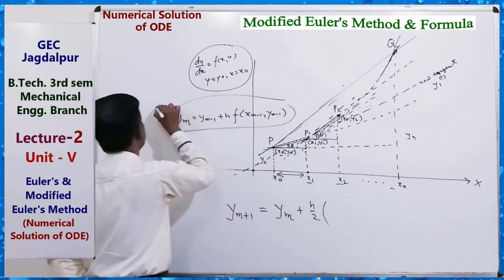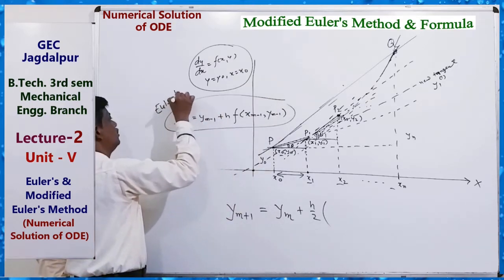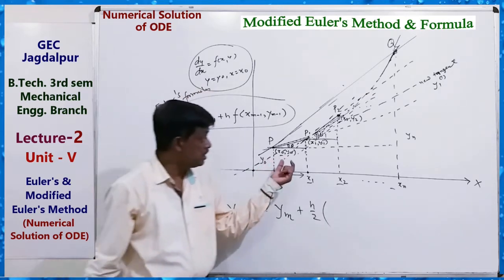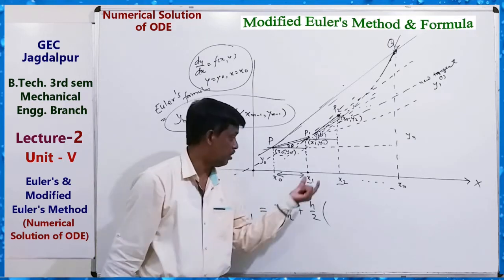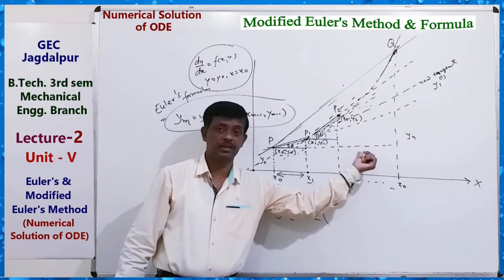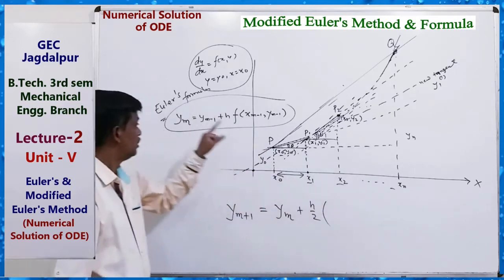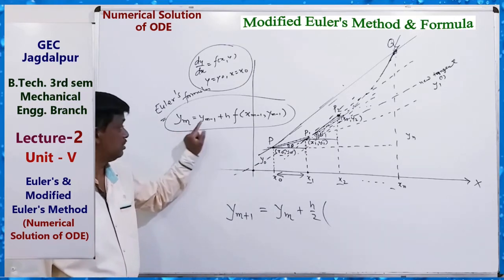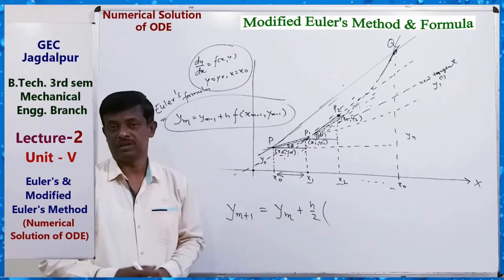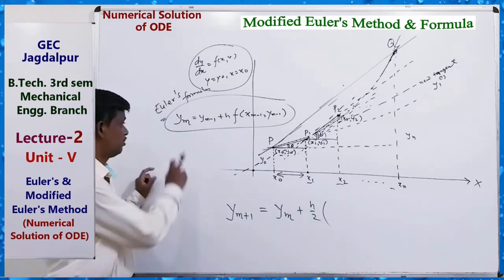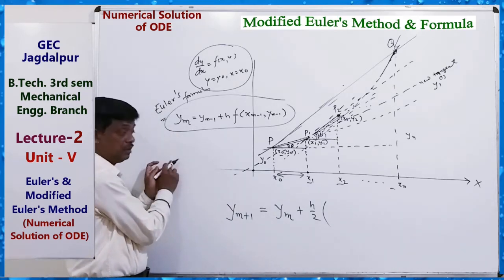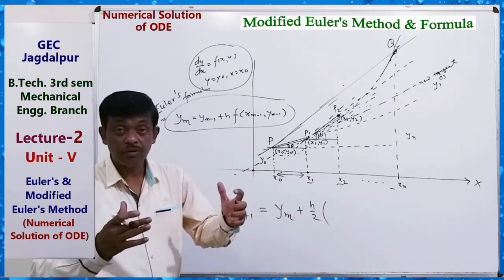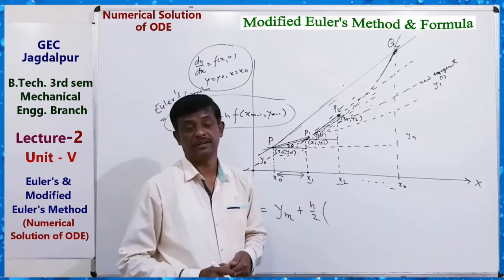This is our Euler's formula. In each interval, for the first approximation of y1, y2, y3, we use Euler's formula. For the first approximation. For the second approximation, we use this formula by taking the average of the slope here and here.